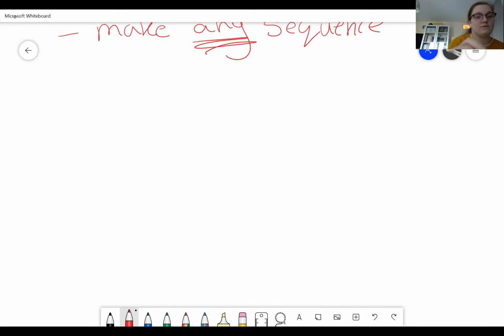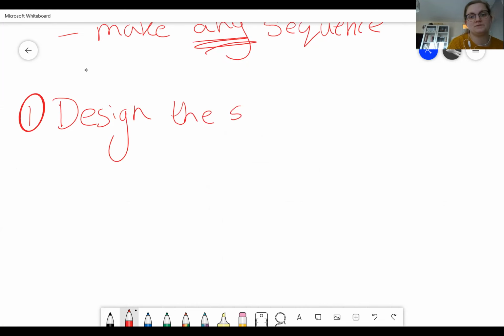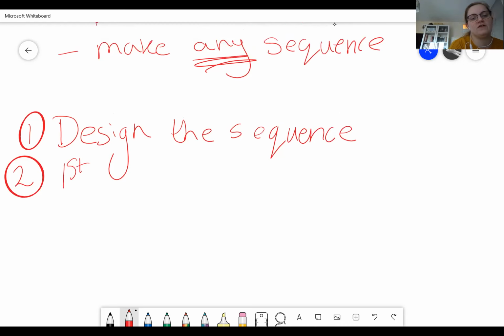So number 1, what we would do is we design the sequence. Then what we do is the first nucleotide in the sequence needs to be fixed to something. So some sort of a support. So our first nucleotide in the sequence is fixed to something.